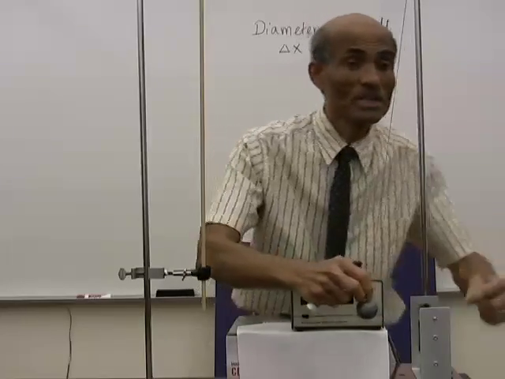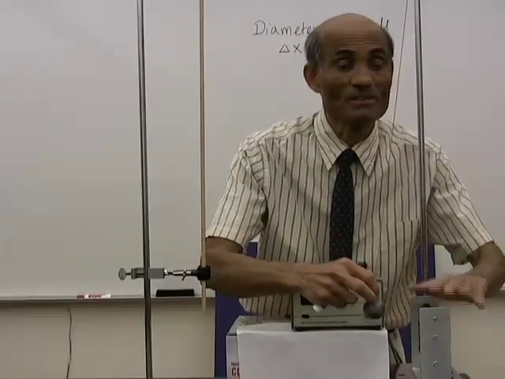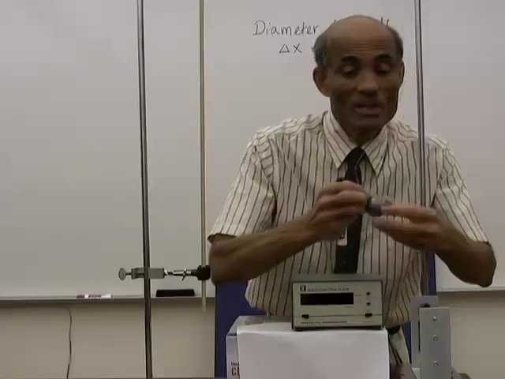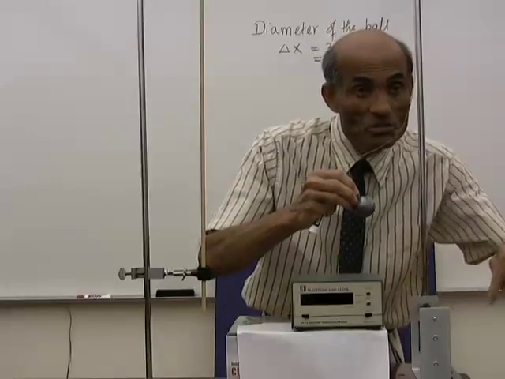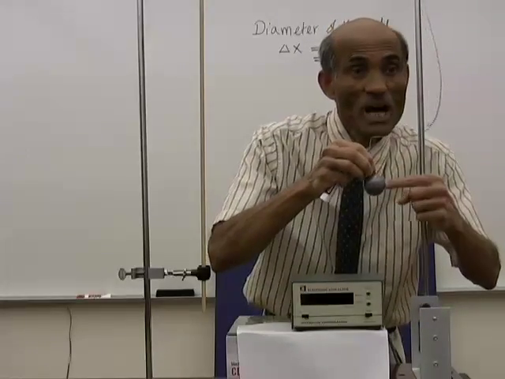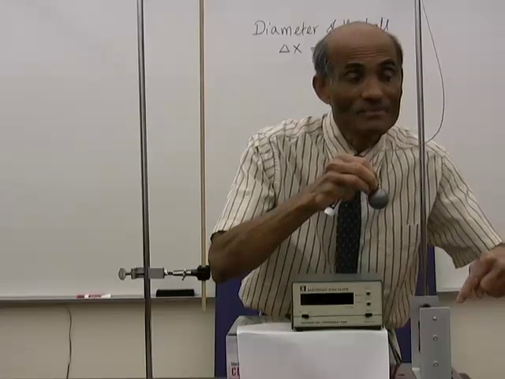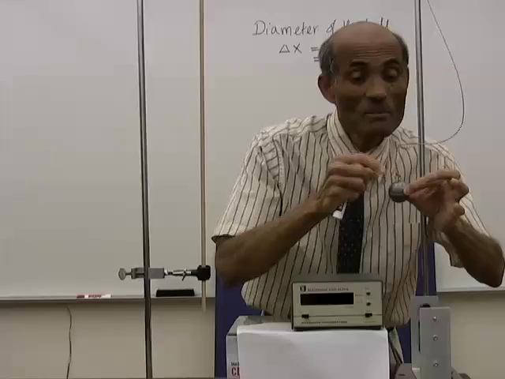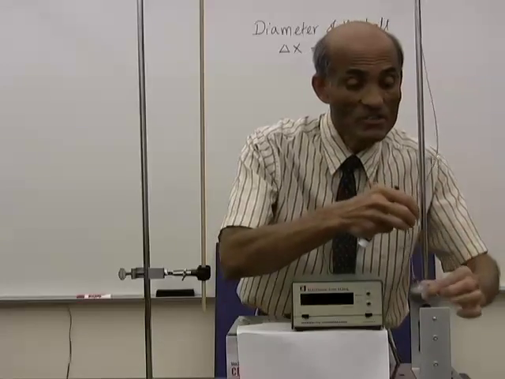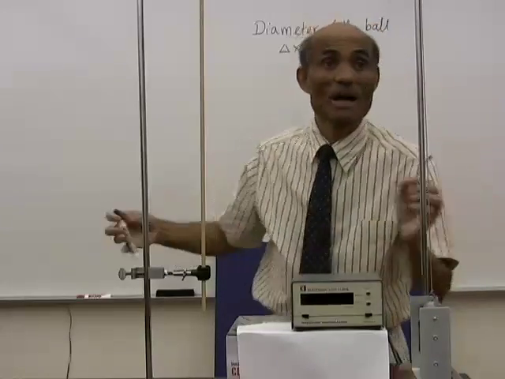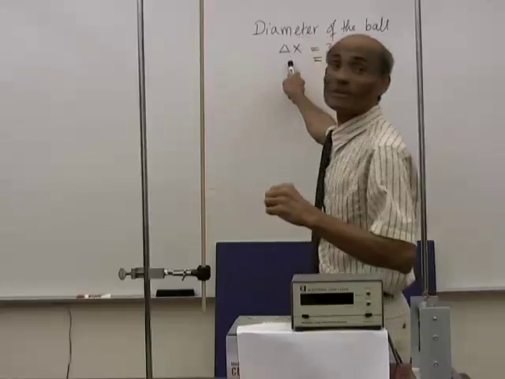Now you are familiar with the use of the photo gate. When the ball passes through the photo gate, the diameter of the ball will block the beam of light. The diameter of the ball is then the distance traveled by the ball, delta x.